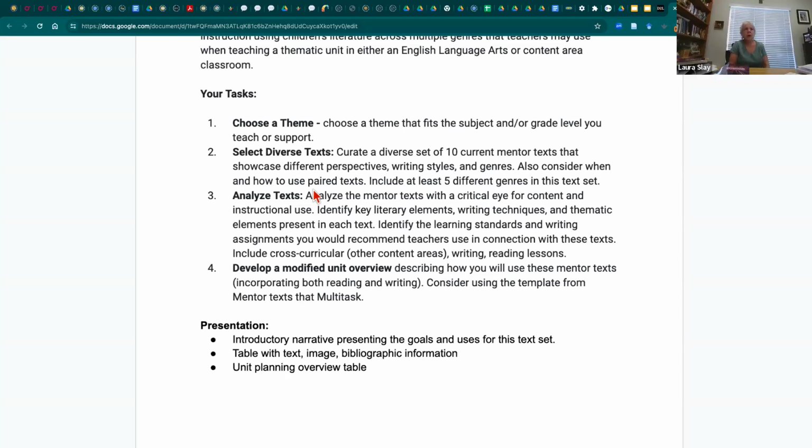You don't have to physically buy them, but you have to identify 10 books that showcase different perspectives, writing styles and genres. So you have to go find yourself a spot in a library, a bookstore, or on some online websites, and start thinking about children's books that you can use to teach a theme.